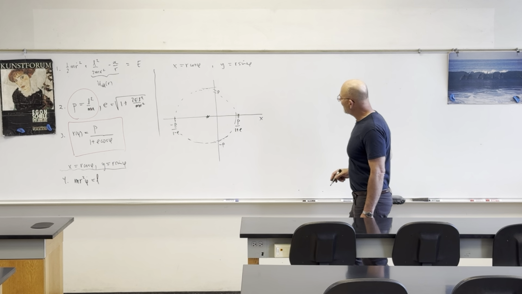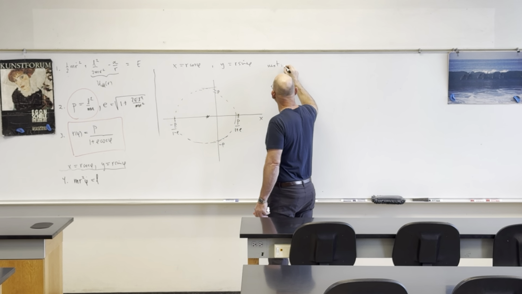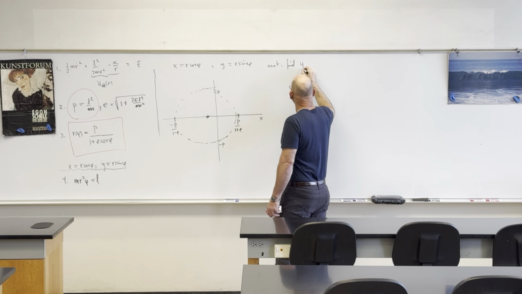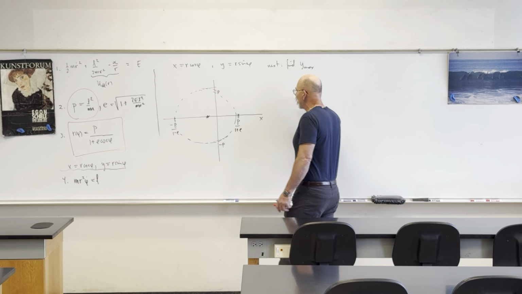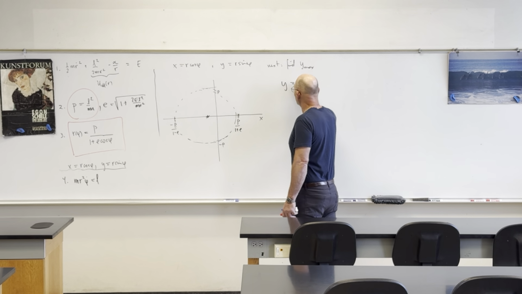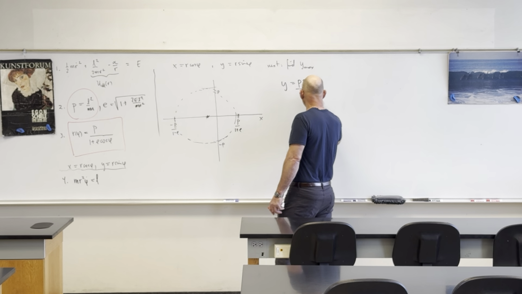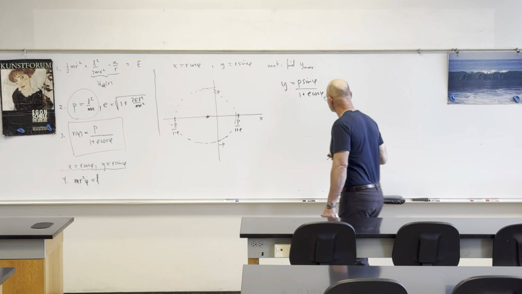So what we're trying to do is find y sub max. So find the maximum value of y, and so we'll have y is equal to sine phi times this r, so it's p sine phi over 1 plus e cos phi.